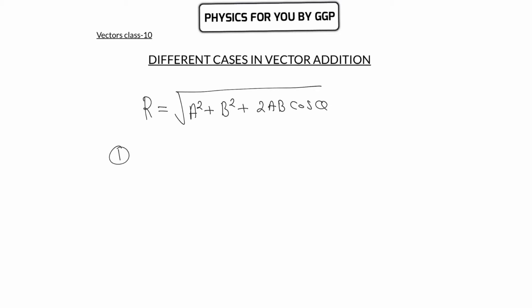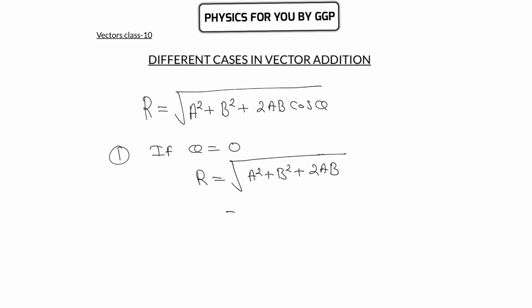Let's say case 1: if the value of theta is equal to 0, then what will be the value of r? Writing this equation as under root of a square plus b square plus 2ab into cos 0, the value of cos 0 is 1, so we can write it as plus 2ab.